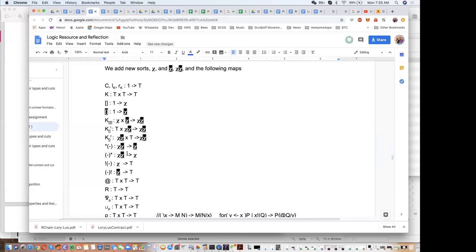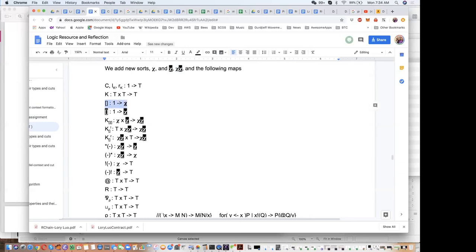So instead of having just a single hole, we have a white hole and a black hole, right? And that's reflected in the three different types. So you can have a white hole, a black hole, or you can have things with pairs of white and black holes.